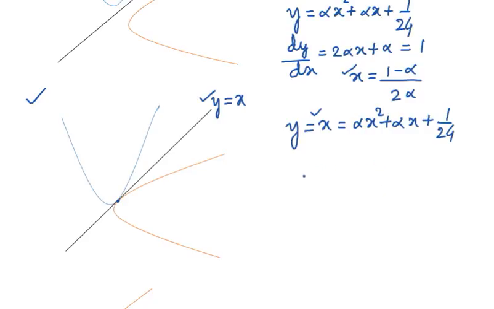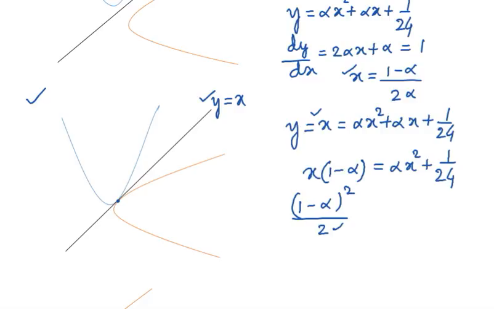So on solving this equation we get x into (1 minus alpha) equal to alpha x square plus 1 by 24. Here, substituting the value of x previously obtained, we get (1 minus alpha) square upon 2 alpha is equal to alpha into (1 minus alpha) square divided by 4 alpha square, plus 1 by 24.